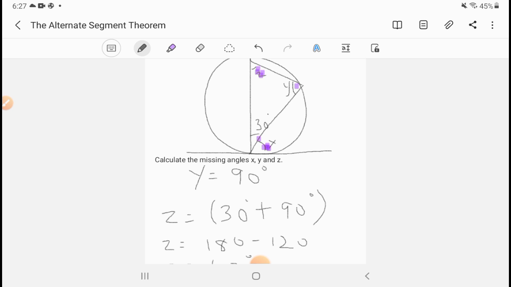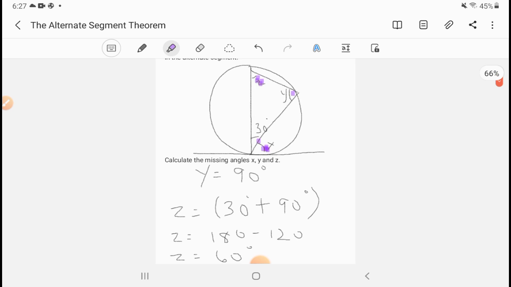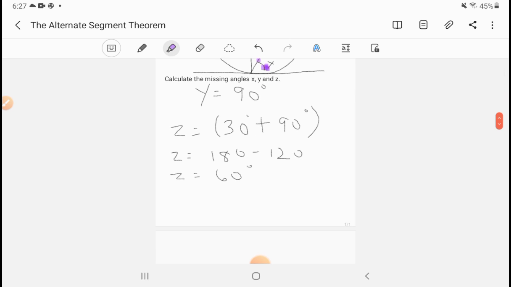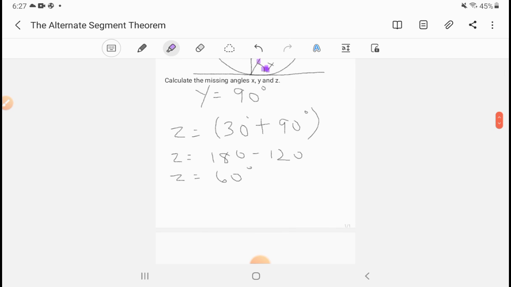So that tells us that now that we know that Z is 60 degrees, then so too would be X on the outside, okay? So X is equal to 60 degrees, okay? All right, write that down and we will discuss some more.